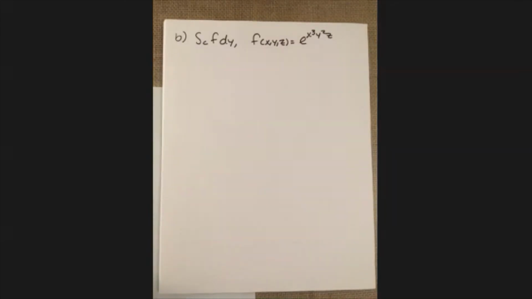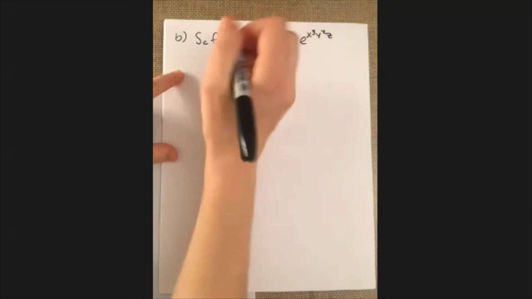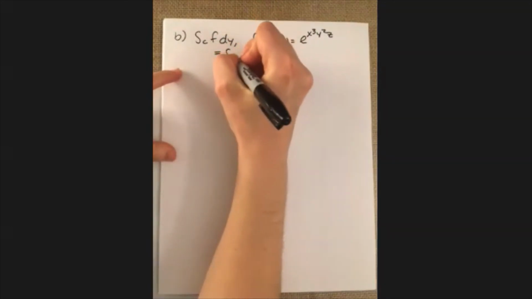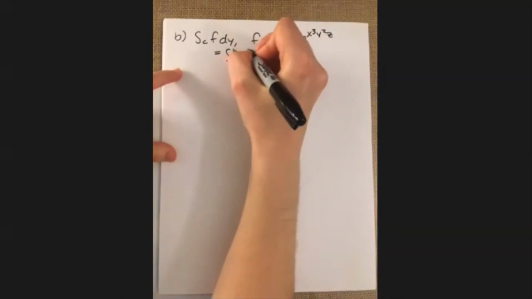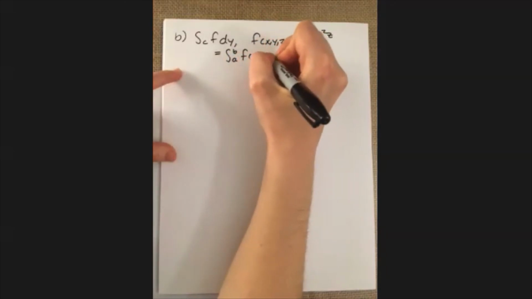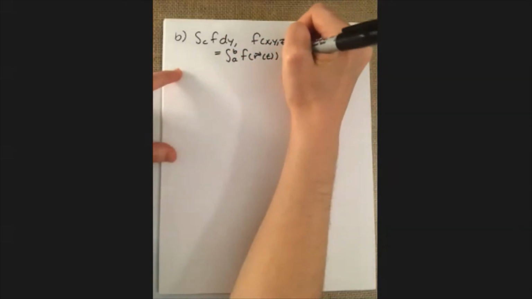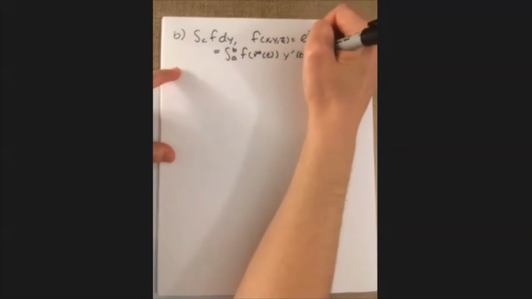Now, since we are looking at the dy here, we're doing the integral from a to b of f of r of t times y prime of t dt.